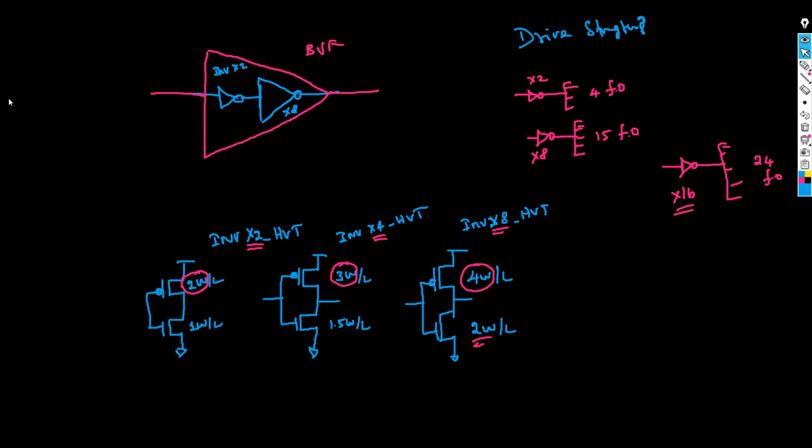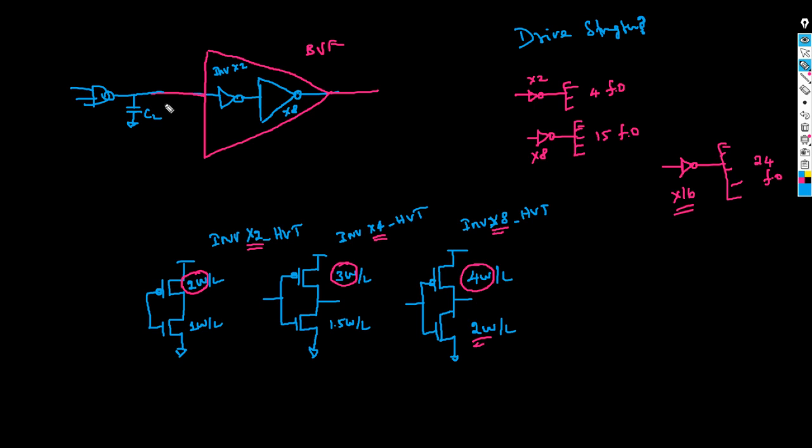Okay, so in this case, if you look at what this is exactly, we just talked about it. Assume there is a NAND gate which is kind of driving this buffer. Now this inverter pin cap is going to contribute as a load cap.